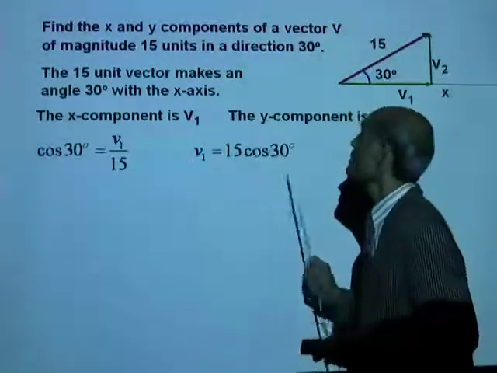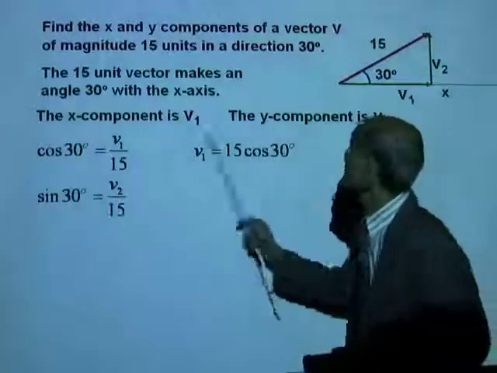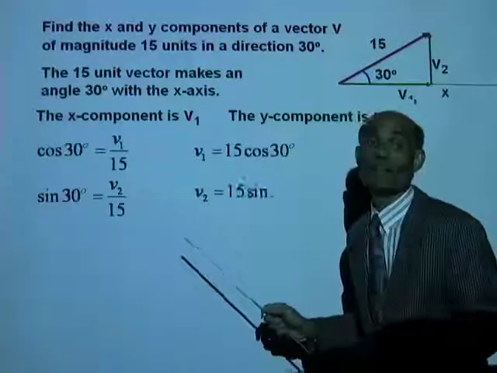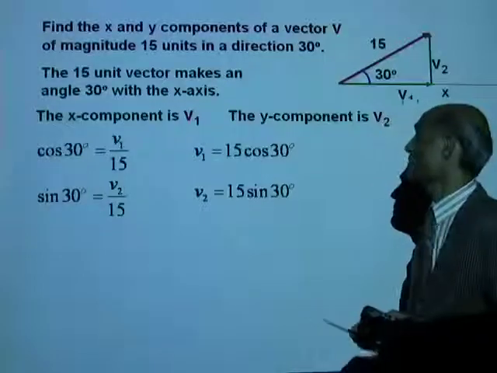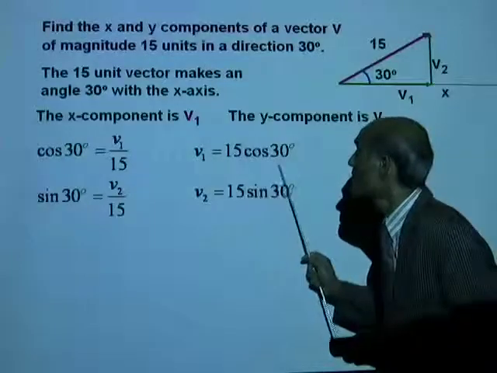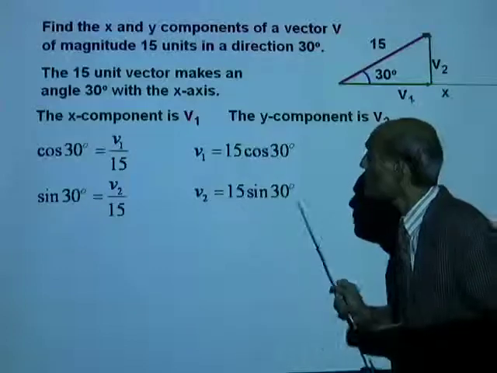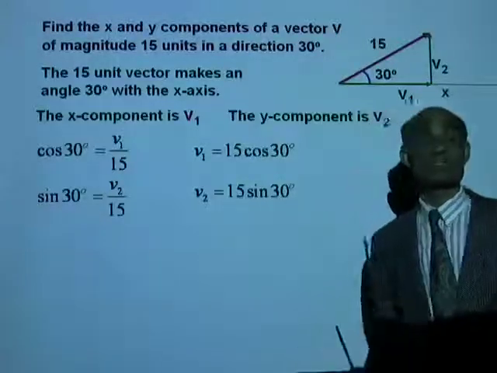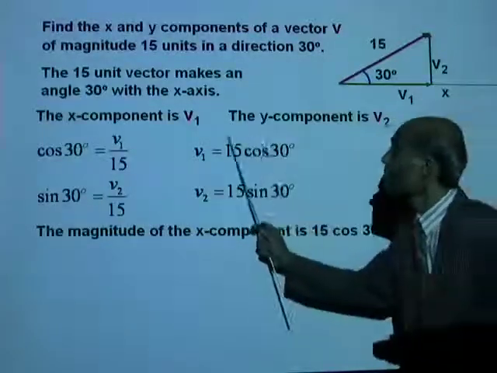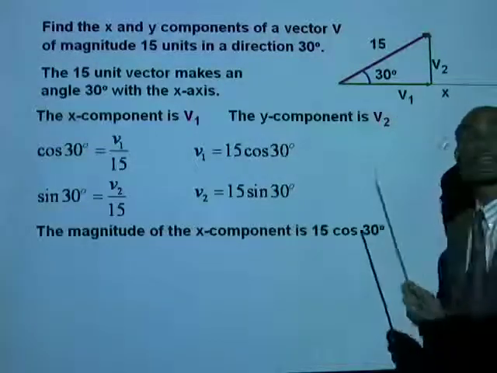Therefore, v1 equals 15 cos 30 degrees. And sine 30 degrees is v2 divided by 15. Therefore, v2 is 15 sine 30 degrees. So the x component of the vector is 15 cos 30 degrees, and the y component is 15 sine 30 degrees.